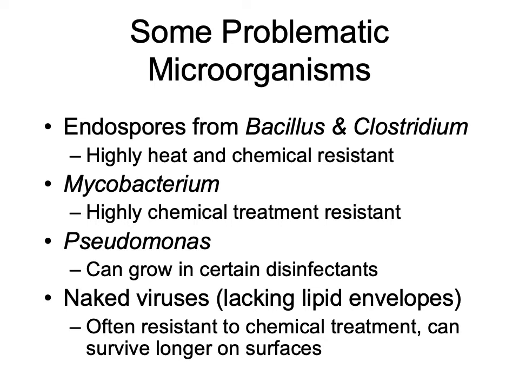We also have to be careful with Mycobacterium. Remember, Mycobacterium that we identify through acid-fast stains, we have to be very careful with because they're highly chemical treatment resistant. They have that mycolic acid in their cell walls.